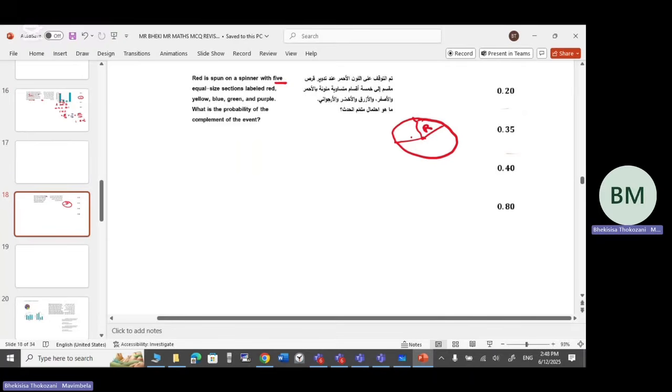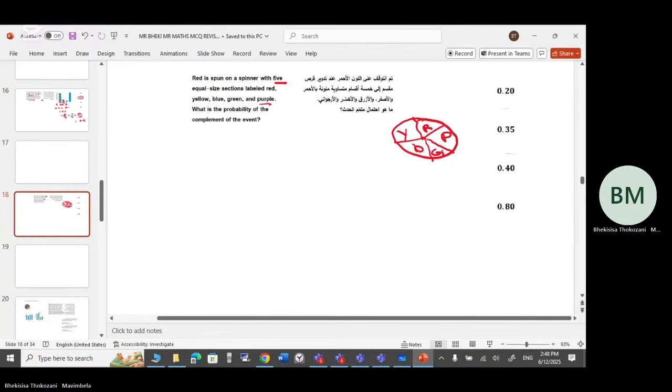And it says yellow. There is blue. And then there is green. 1, 2, 3, 4. Where's one more? There's purple, and I'll write P there for purple.